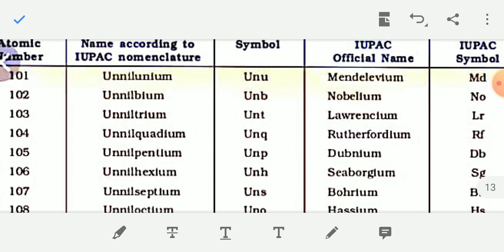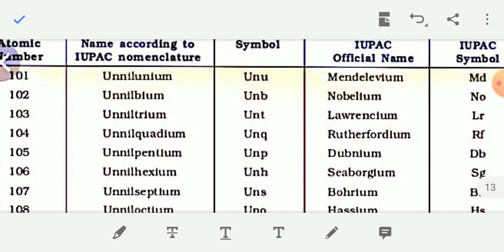Here some official names of these elements are also given. For example, the element having atomic number 101, the IUPAC name according to IUPAC nomenclature is unnilunium, symbol Unu, and the official name is mendelevium, symbol Md.